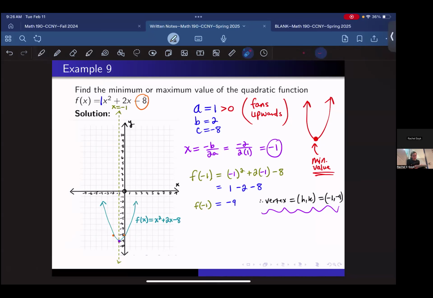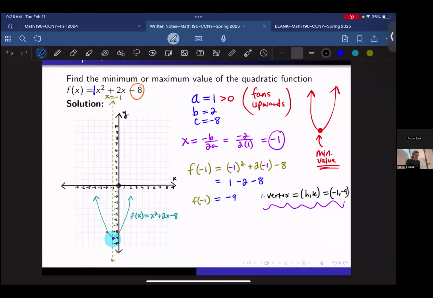Again, don't forget to write your quadratic formula here. But then what are we able to determine? We're able to determine that we have a minimum at that vertex, negative 1, negative 9, but more specifically, we really want to hone in on that k value.